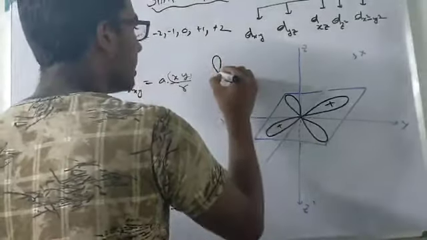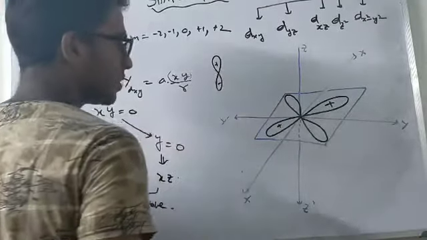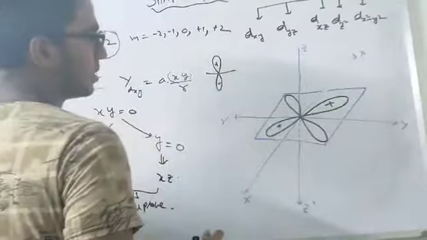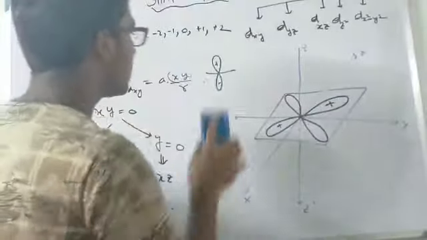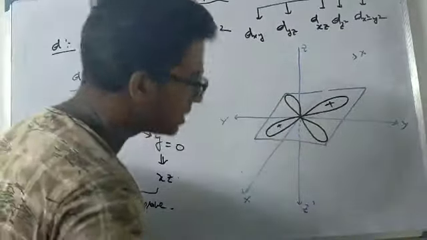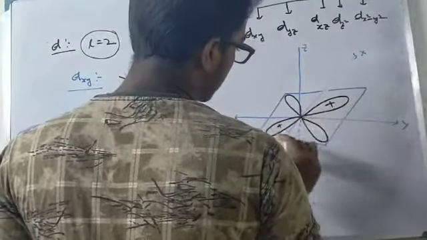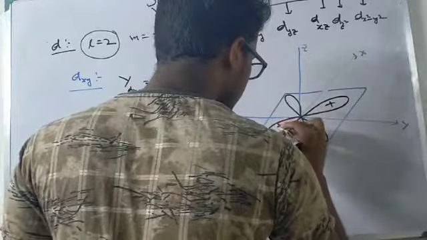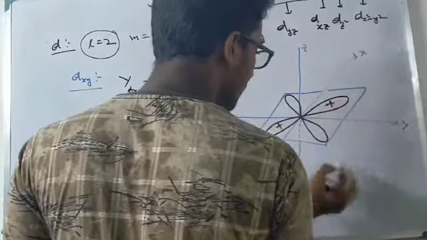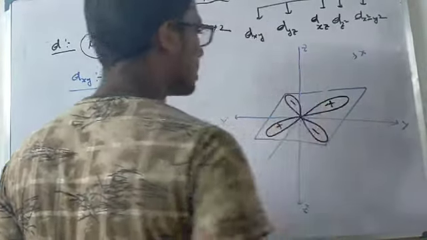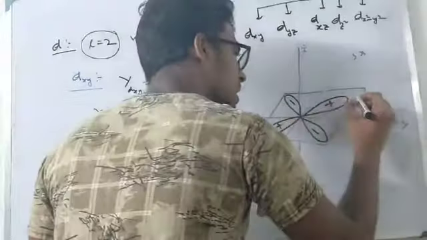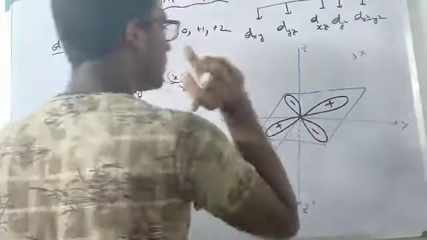In case of p orbital the opposite lobes are negative, because this is the nodal plane. But in case of d orbitals, the opposite lobes are not nodal planes. So opposite lobes are in the same phase. If this is positive, this is also positive. If this is negative, this is also negative.